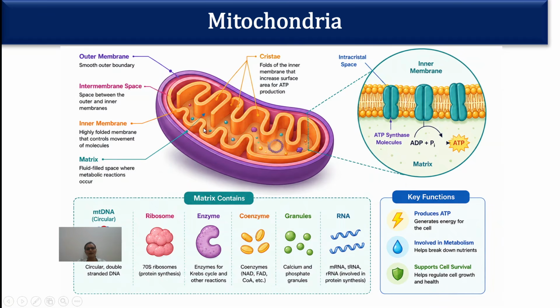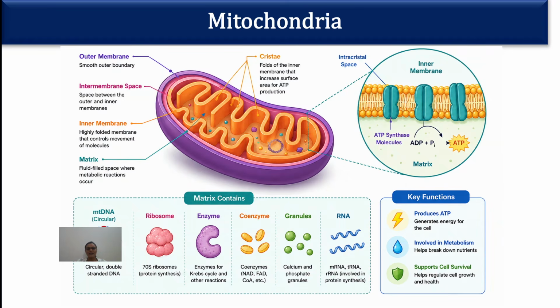When we look at the matrix, which subcellular components are present? It contains the mitochondrial DNA, and that mitochondrial DNA is circular, double stranded DNA. Inside the matrix ribosomes are also present. While the cell in the cytoplasm contains 80S ribosomes in the case of eukaryotes, mitochondria also have their own ribosomes, and those are 70S ribosomes, similar to bacterial ribosomes, right?